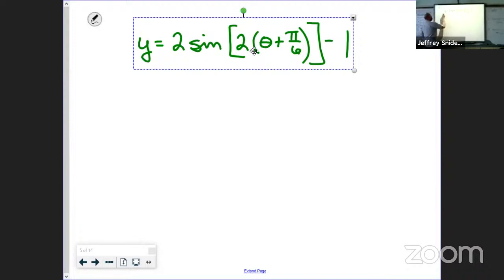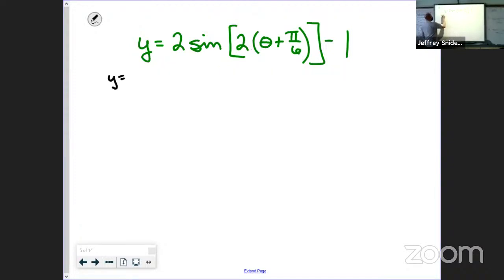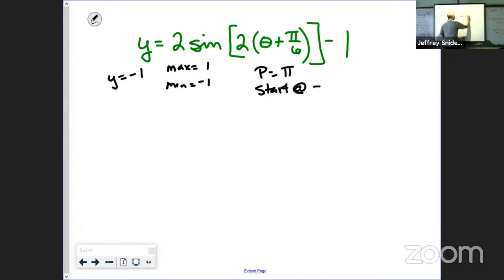So I'd say, okay, what do I know? Well, we already know that y equals -1 was that, and we said it was going to have a max at 1. We said it was going to have a min at -1. We said that the period of this was pi, and it was going to start at -pi/6, and we said then it was going to end at 5pi/6. We know that, okay?